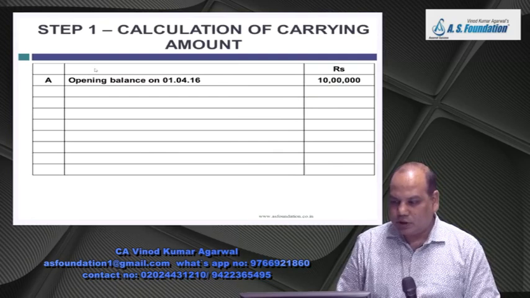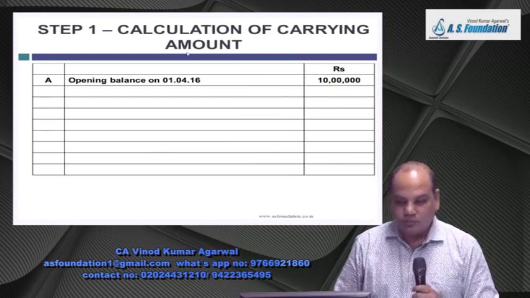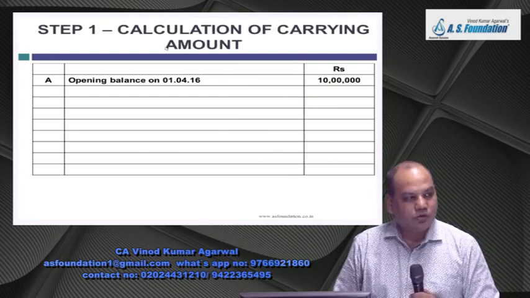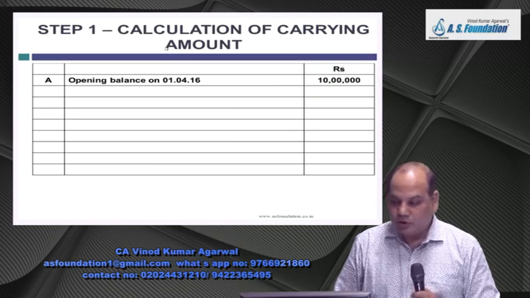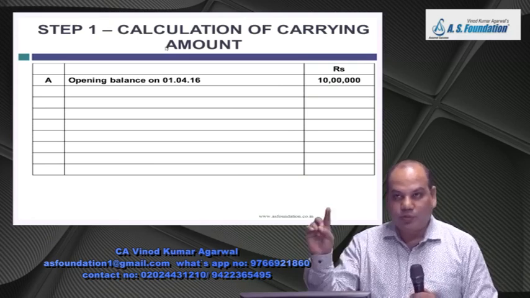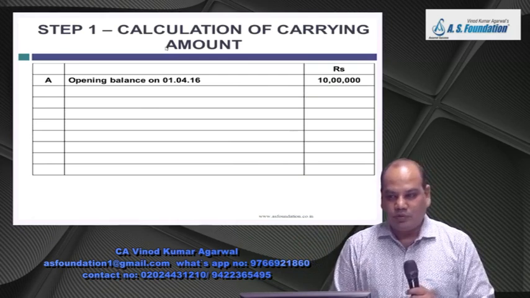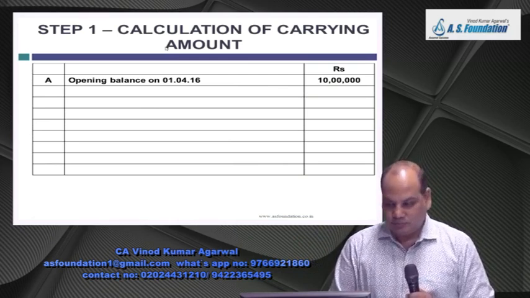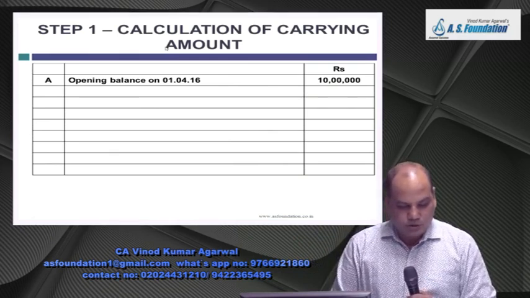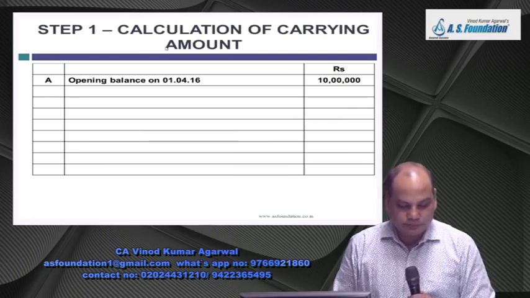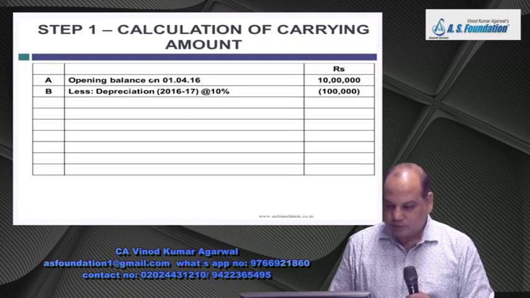First, we'll write down calculation of carrying amount. Whenever you have to compute the deferred tax, you have to bring two figures in front of you, carrying amount and tax base. What was the cost of the asset? 10 lakh.